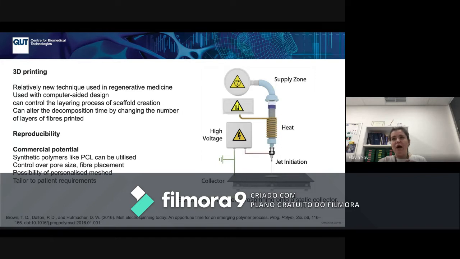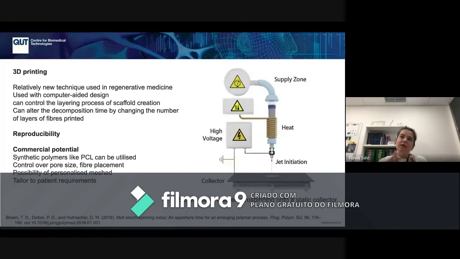It has a high reproducibility. You can repeat as many times as you want. And it also has a commercial potential because these synthetic polymers, such as PCL, can be used in many kinds of defects, for example, bone defects, hernia defects, breast tissue reconstruction, and so on.